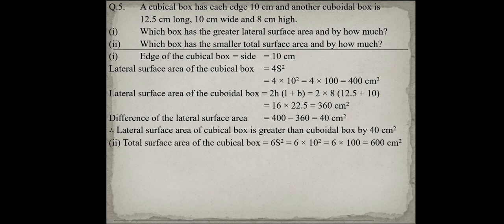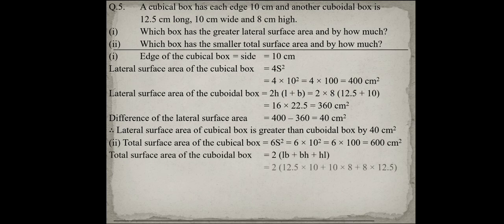Now next, the total surface area of the cubical box is 6s square, that is equal to 600 centimeter square. Now the total surface area of the cuboidal box is 2 into LB plus BH plus HL. Put the values, then you will get 610 centimeter square for the cuboidal box and 600 centimeter square for the cubical box.